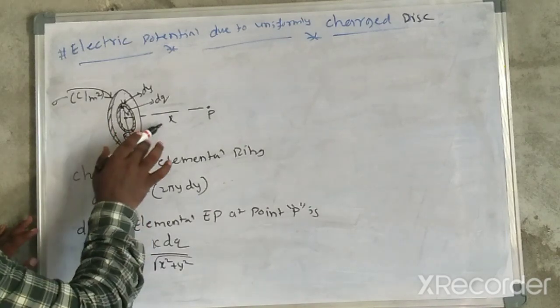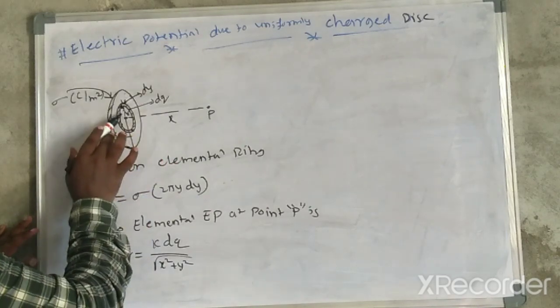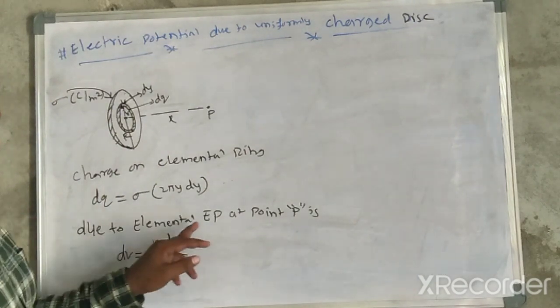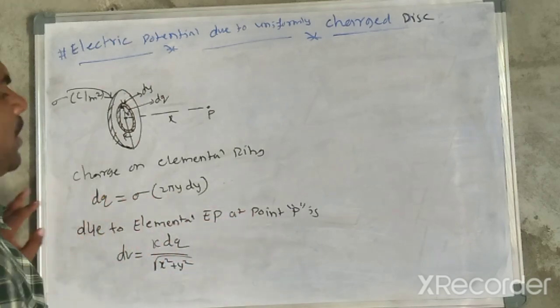Here x is the same, and y is what r was in the previous case. This is the elemental electric potential at point P.